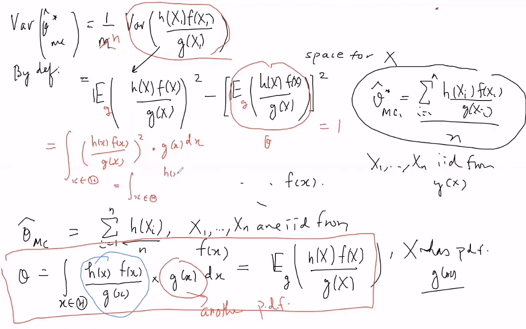You can write it like this. All right, okay. So just cancel off the g(x), so you have only a single g(x) in the denominator. But the numerator, I just split it up into the square. I just write it like this, right?